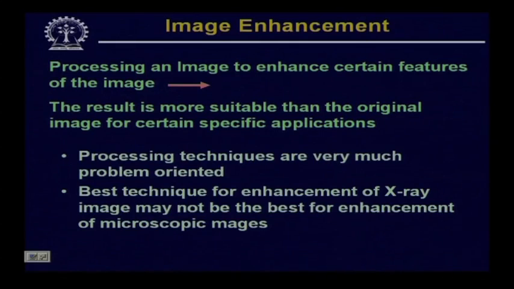Different types of applications need enhancement of different types of features in the image. So, the ultimate aim of image enhancement techniques is that we want to process an image so that the result becomes more suitable than the original image for certain specific applications.